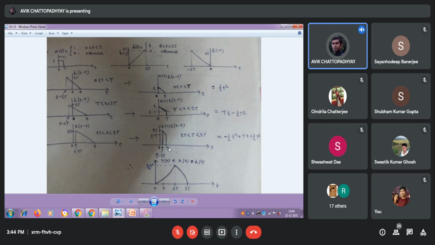Here you should be very careful, because if you look at the position of this signal with respect to this, in some parts there is no overlap, because this signal exists but this signal doesn't exist. And beyond t also this signal doesn't exist, even though this exists. So again, there will be no overlap.